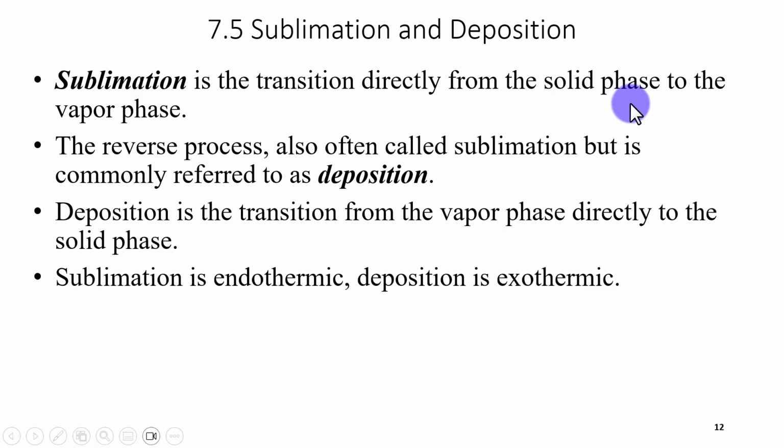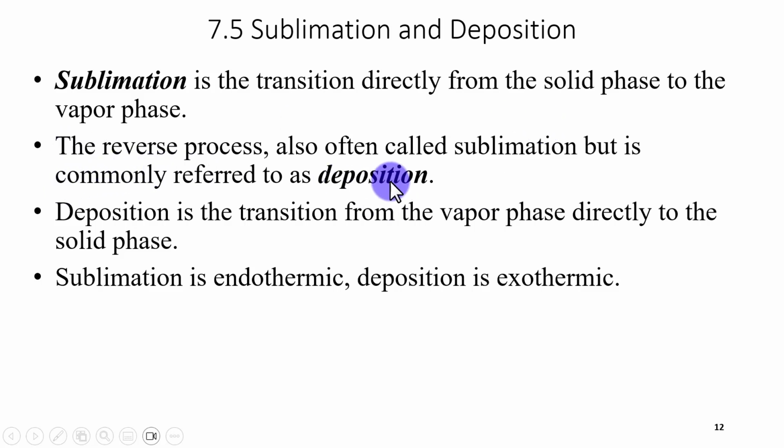That requires very specific conditions of pressure and temperature, but it can happen. We all are aware of, because we've seen it, dry ice. Dry ice is really solid CO2 that is going into the vapor, is subliming, going directly into the vapor phase without melting first.